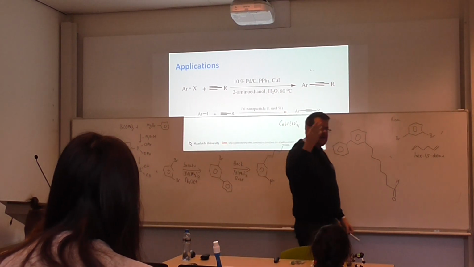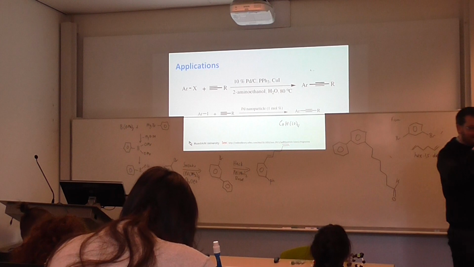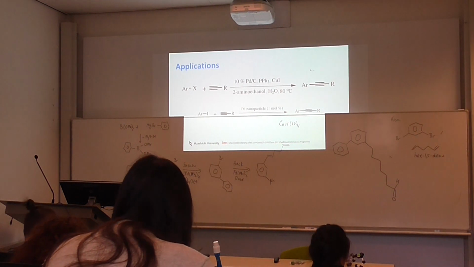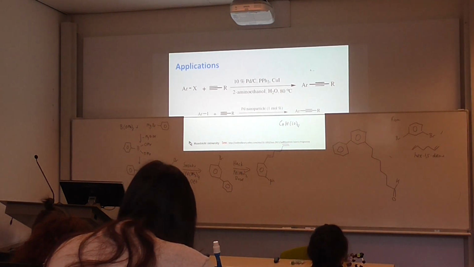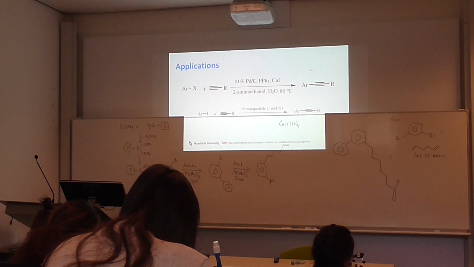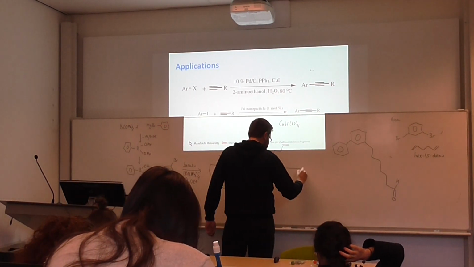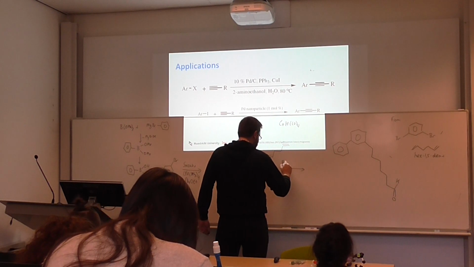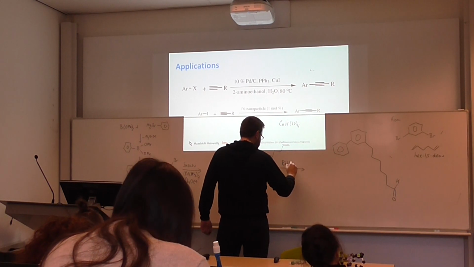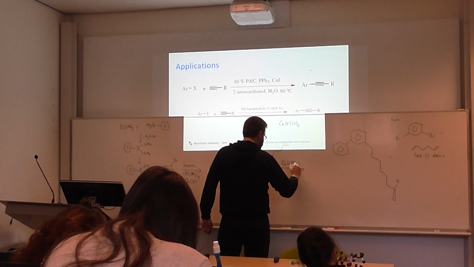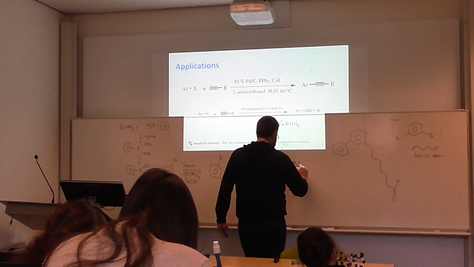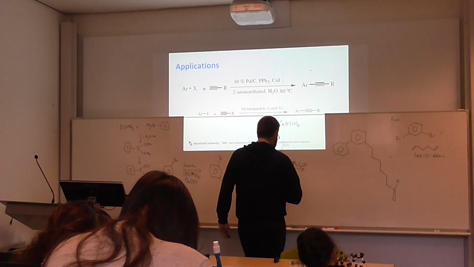So remember that lecture on Tolman cone angles and stuff like that. We would probably pick a rhodium catalyst. So we would do hydroformylation. I would pick RhH(PPh3)2CO.